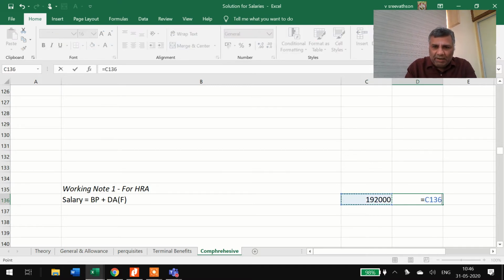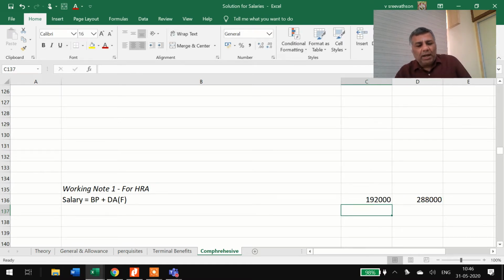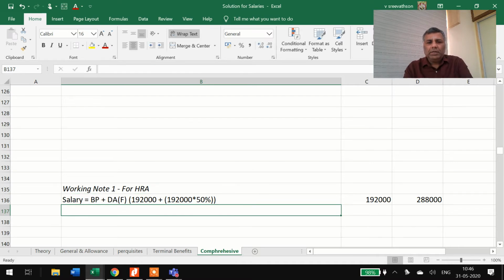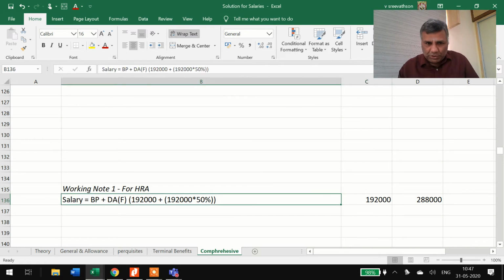So salary will be 1,92,000 plus 50% of this, 2,88,000. Salary will be basic pay plus DA forming part, 1,92,000 plus 1,92,000 into 50%. That will be treated as salary, so I am getting 2,88,000.